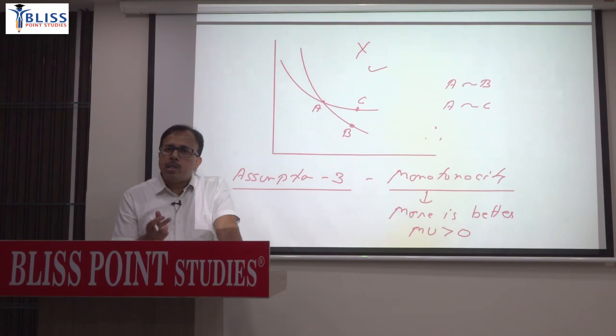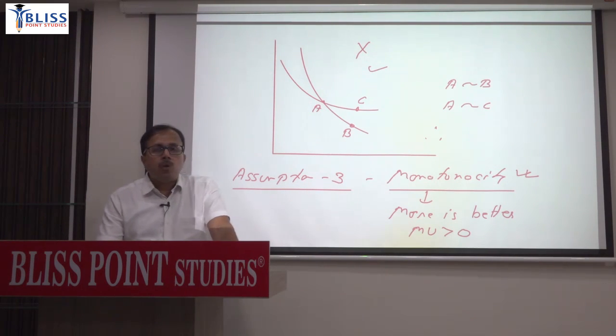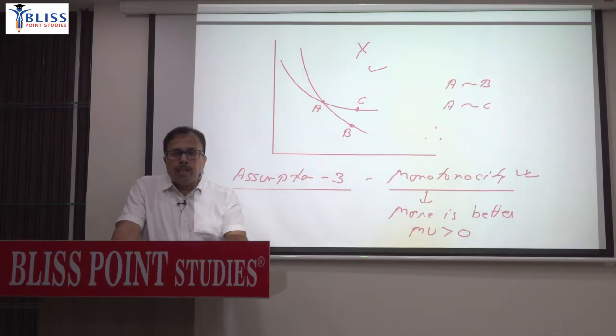So if total utility is declining, then more is not preferred. But we are assuming that we are discussing indifference curves by taking the assumption of monotonicity. So monotonicity implies that more is preferred, and it also means that the marginal utility of the commodity is positive. So marginal utility is positive, that is an assumption.